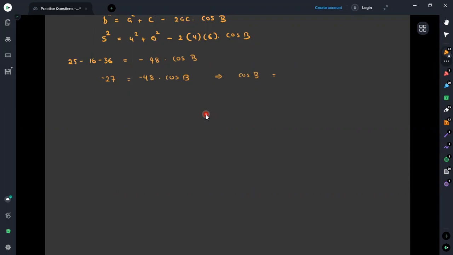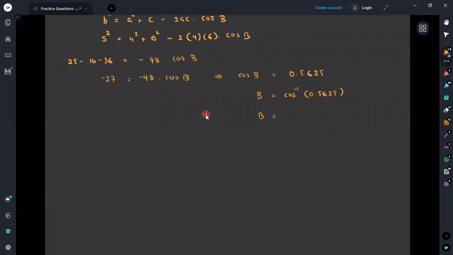Then we'll get cosine b as 0.5625. Then we can take b as the cosine inverse of 0.5625, which is the value of b.